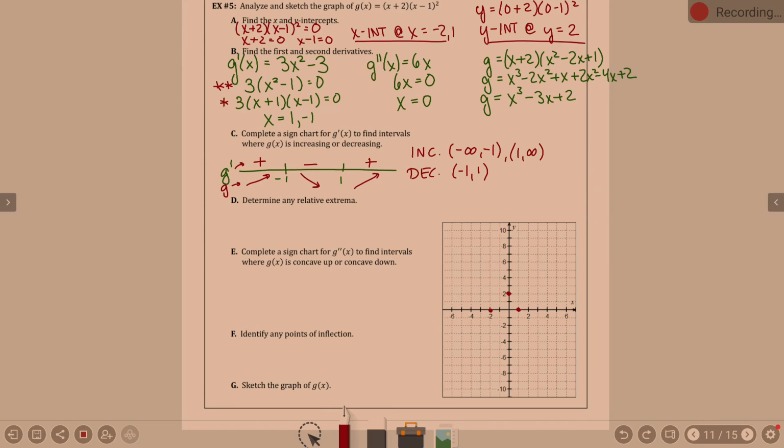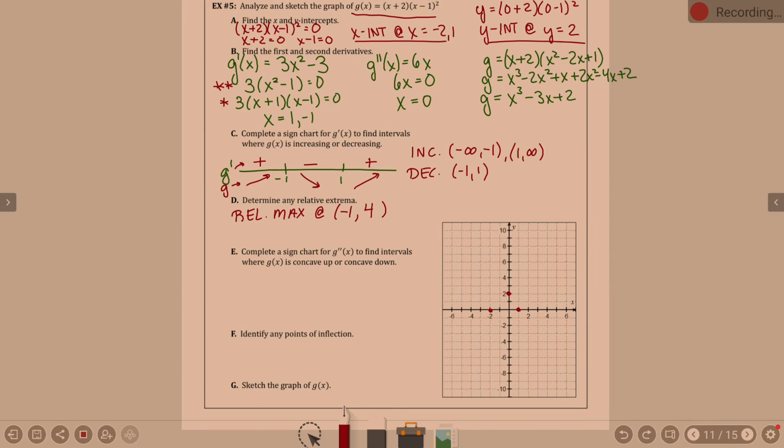Okay. Determine any relative extrema. What's going to happen at negative 1? Yeah, we're going to have some type of relative max at negative 1 comma something. It would be helpful to have that ordered pair, so plug in. Going back to the original right here, it looks like it's 4.